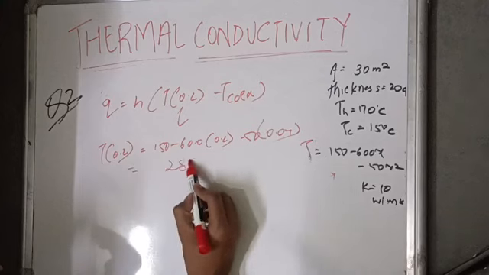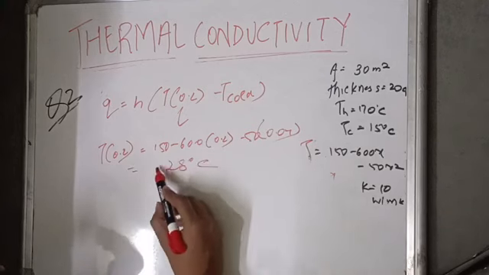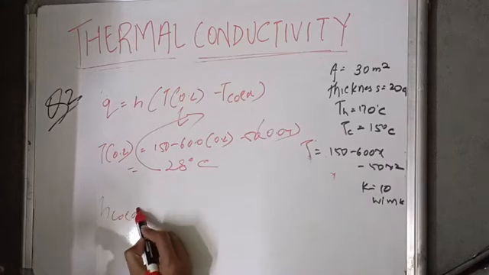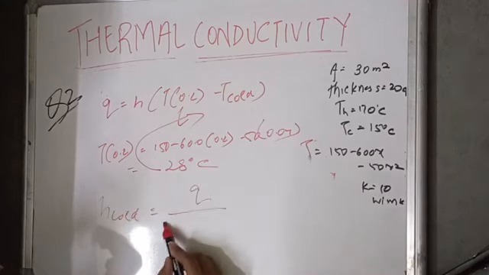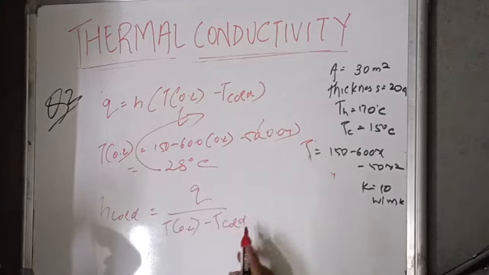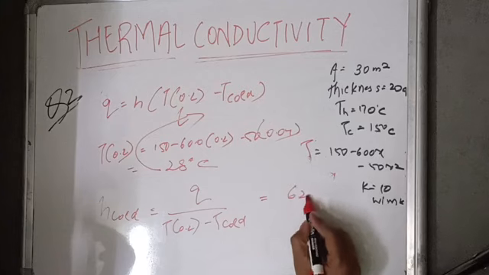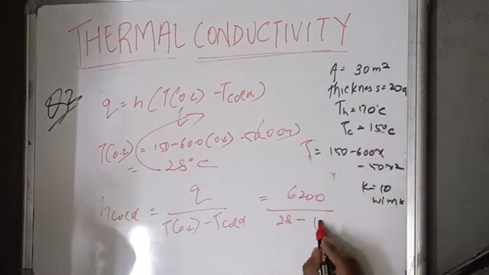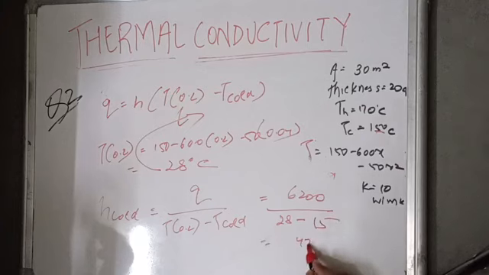We get 28 degrees Celsius. Putting this in, h cold is Q upon T at 0.2 minus T cold. It is 6200 over 28 minus 15. We get 477 watt per meter square Kelvin.